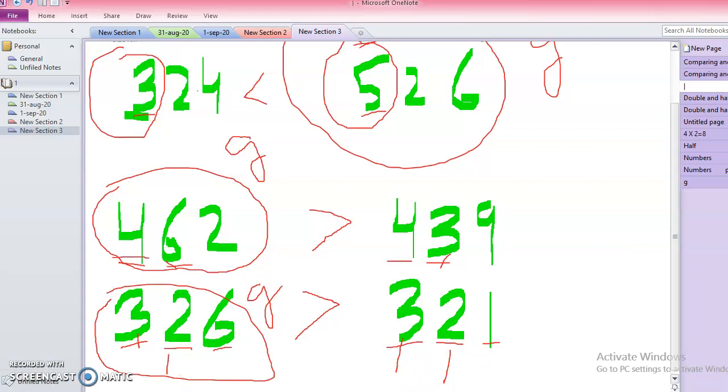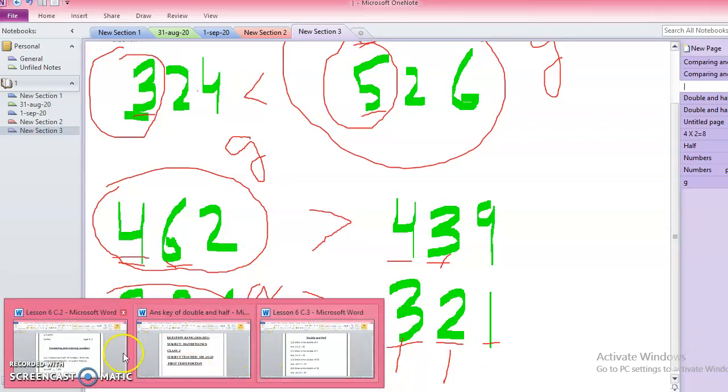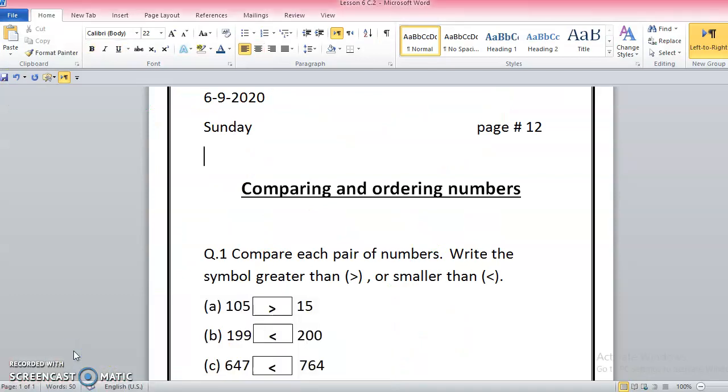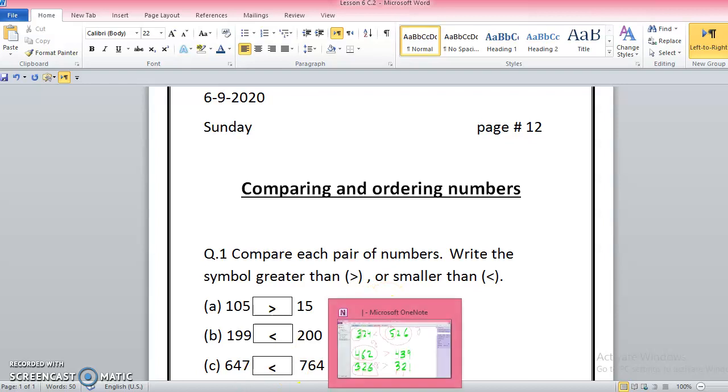Now coming to the classwork which we completed in the notebook. So today is 6 September 2020, it's Sunday, and we are completing from page number 12 and 13.